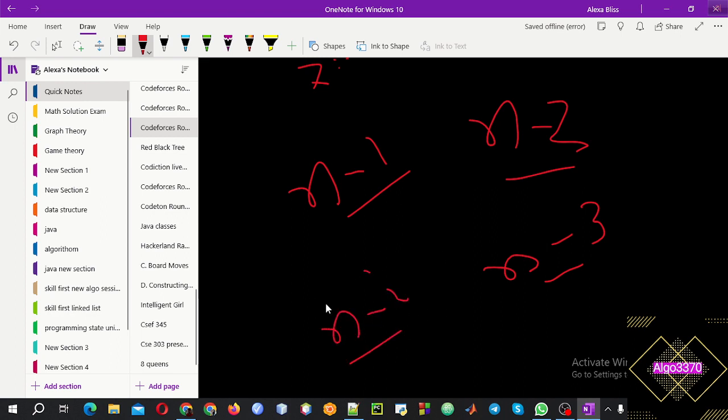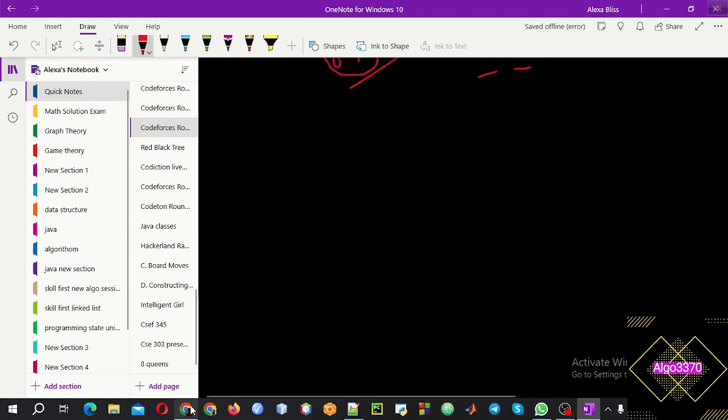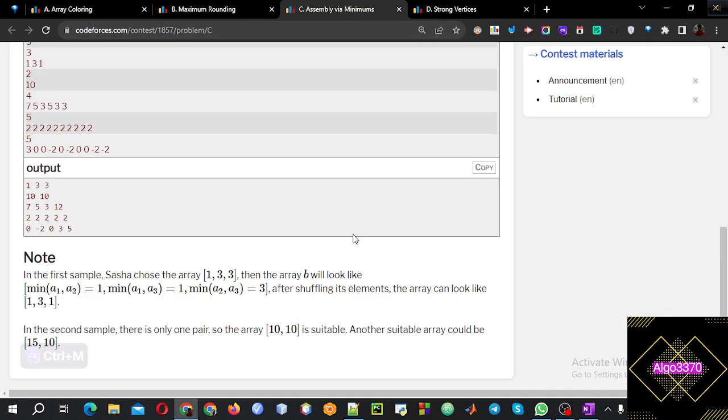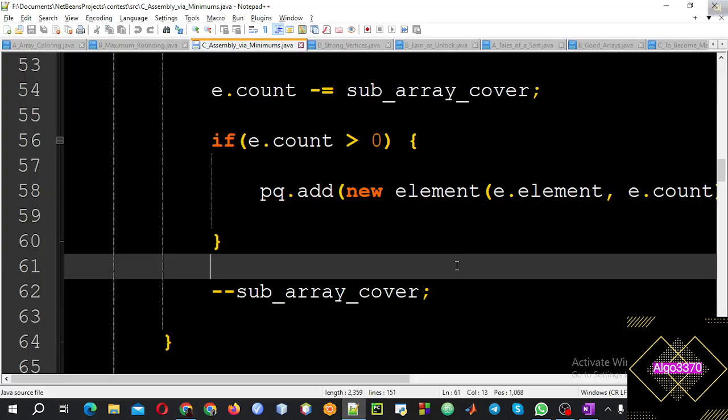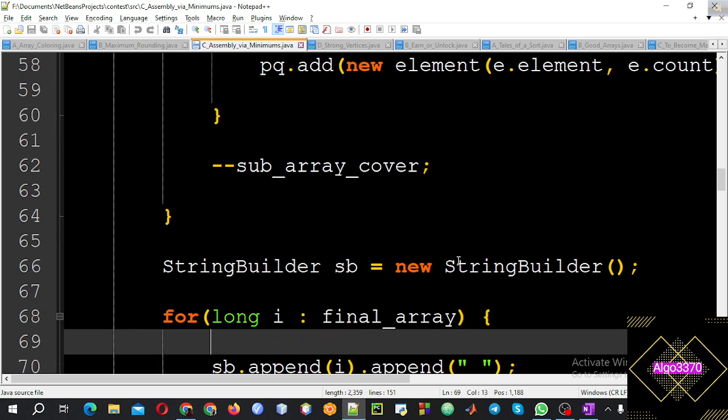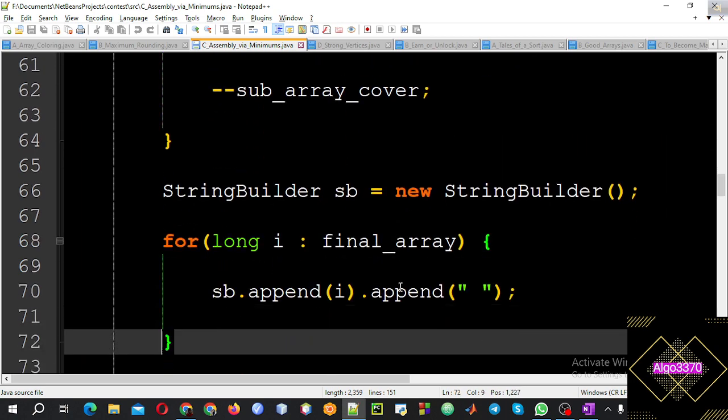So the compared value decreases 1 by 1 after every iteration, so every time we perform the decrease operation here. After all this counting we will print the final array here.